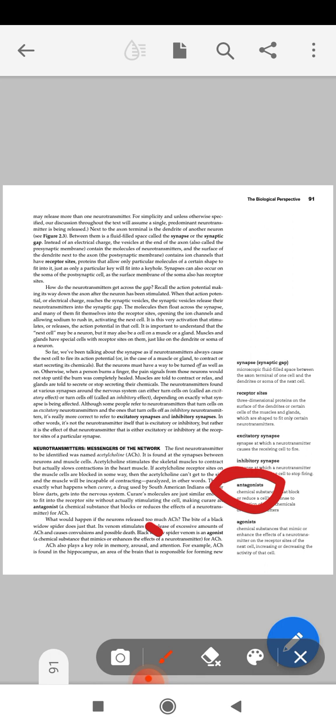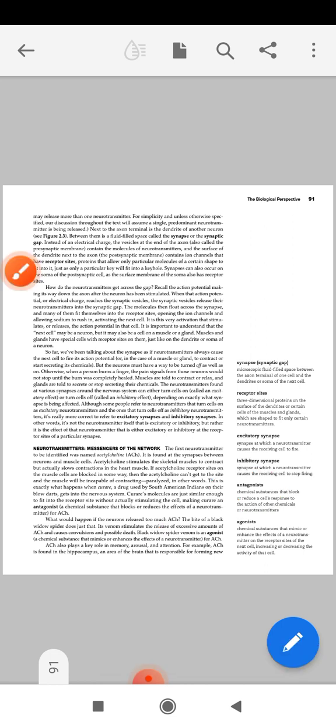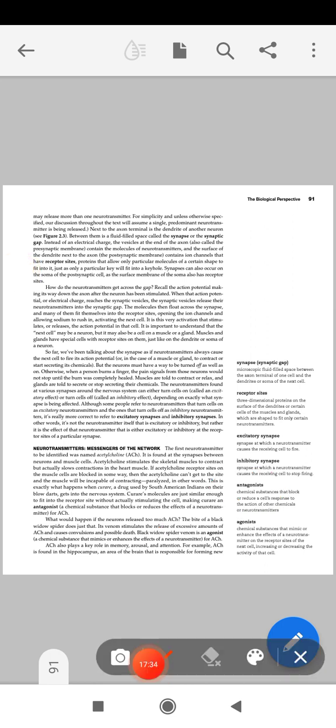When a black widow spider bites someone, it will cause the neurons to release too much acetylcholine, and that stimulates the muscles, and due to so much contraction in a very limited time, death may happen.